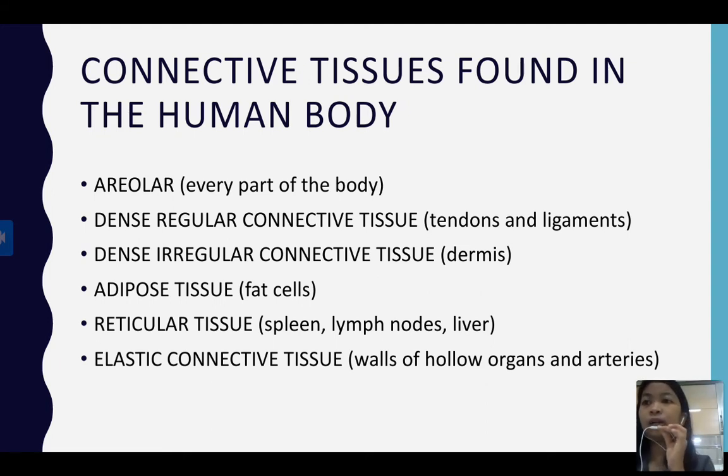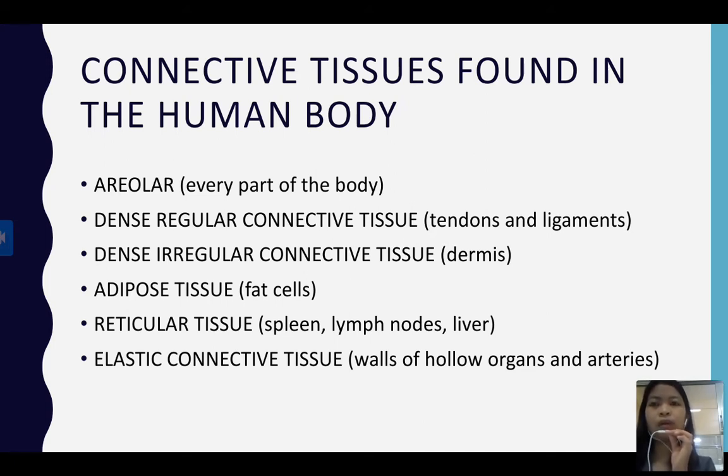Next, on number 2, we have dense regular connective tissue. It is commonly found in our tendons and ligaments. Dense regular connective tissue is characterized by tightly packed collagenous fibers arranged in parallel positions, making it very strong.